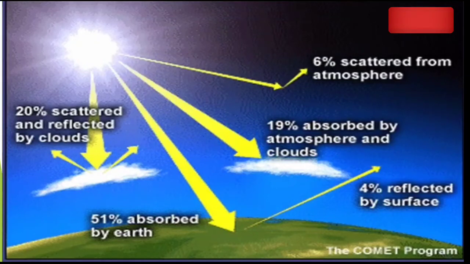So only 51% we are receiving from the sun, and the remaining 49% is scattered from the atmosphere by the clouds and obstacles.